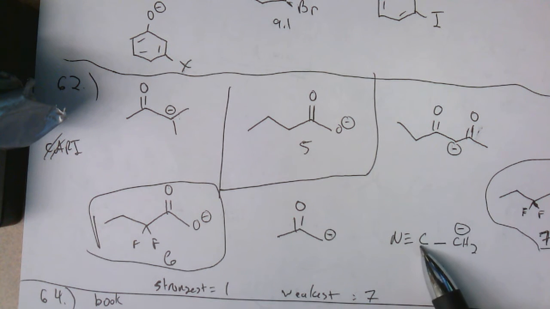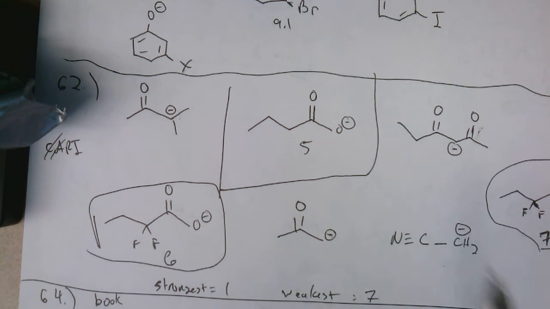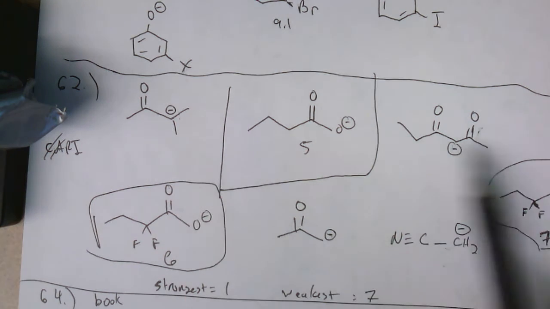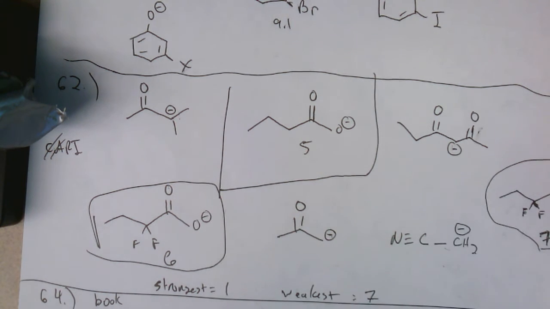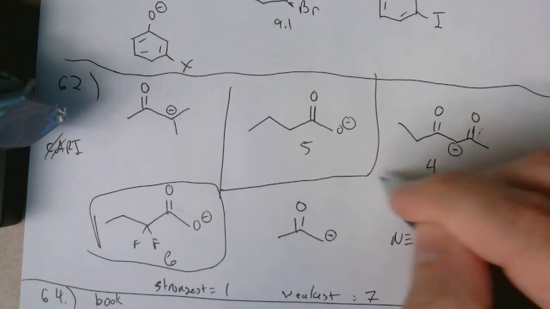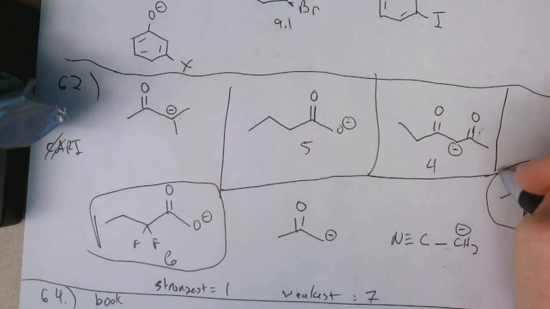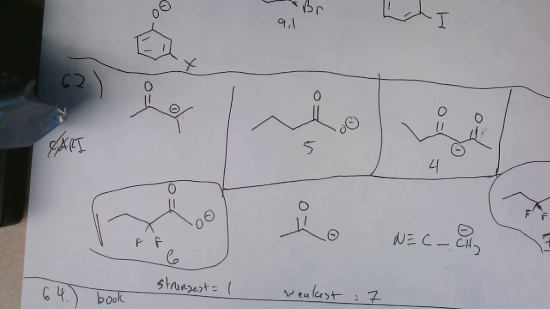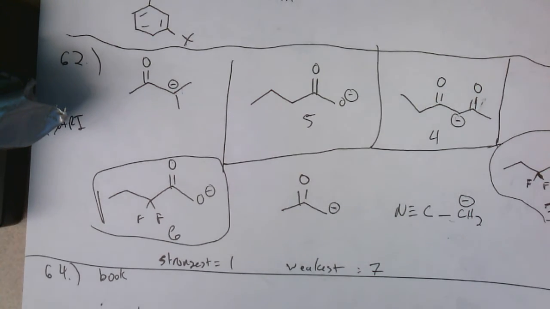Double bond here, the negative charge would then jump up to the nitrogen, not the oxygen, but it would still at least be off the carbon. So since this one has 2 good resonance structures, and we said this has 1, 1, and 1, this one's going to be stabilized a lot by those 2 resonance structures. So this would be the next weakest base, or the next strongest base, I guess, since we're increasing our basicity as we go through our rankings.